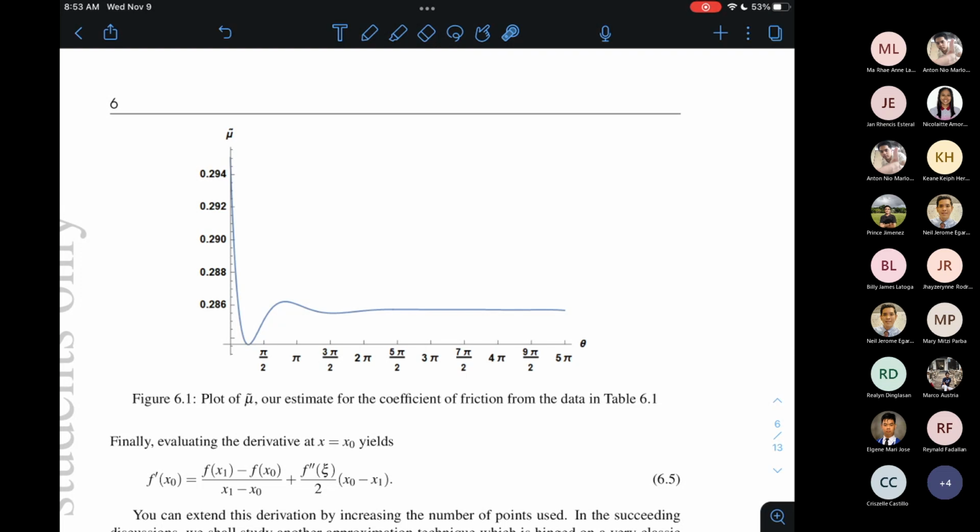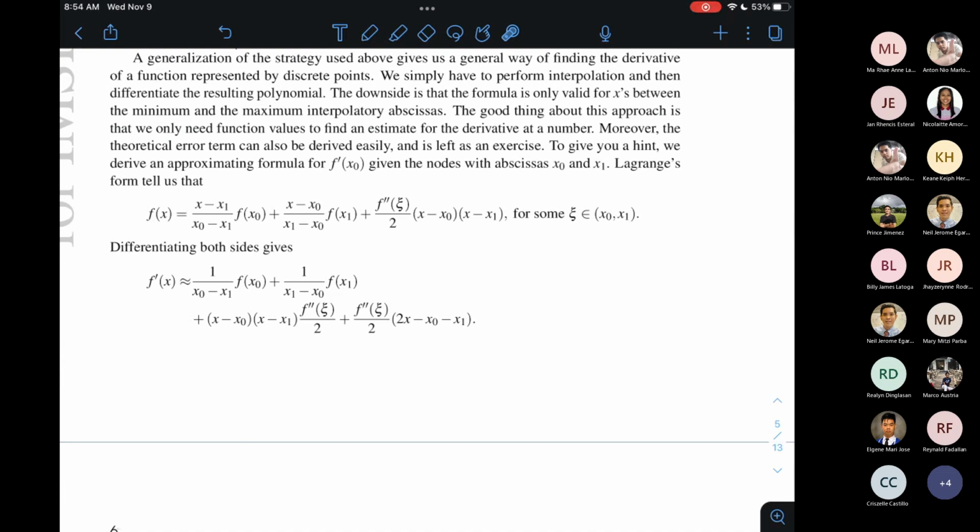Well, actually, it's just easy. Just include the error term in your differentiation process, and that will also be the error involved in the differentiation process. So for instance, and I hope you can extend this idea, no? So halimbawa, gusto kong i-estimate yung derivative using 2 points.